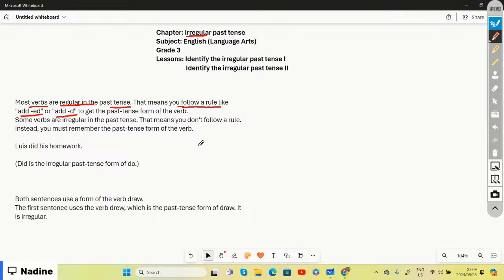We don't add ed, we don't just add a d. You're just going to have to remember the past tense form of the verb, because with irregular past tense, you just have to remember the form of that verb.